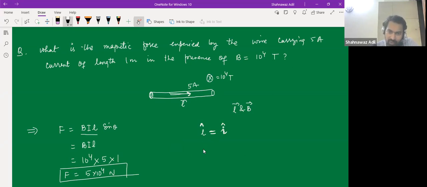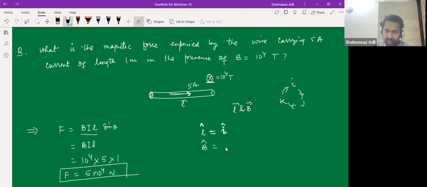And what is the direction of magnetic field? J hat. So this is going inside, K hat.